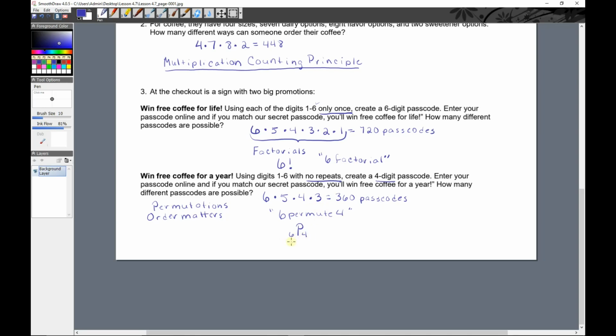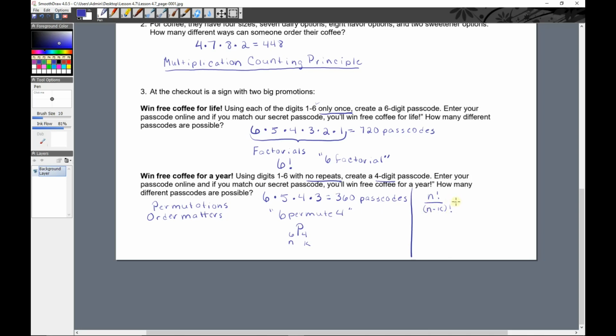Now I'm going to show you the formula, and the 6 is considered N, and the 4 is considered K. So the formula for this is going to be N factorial divided by N minus K, put that in parentheses, and then factorial.